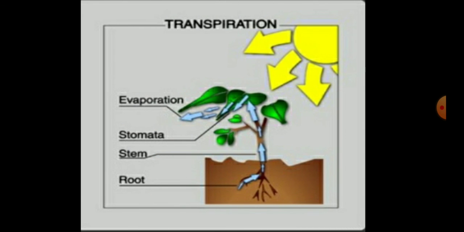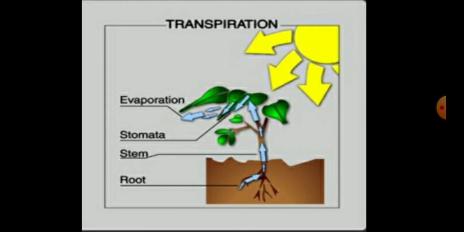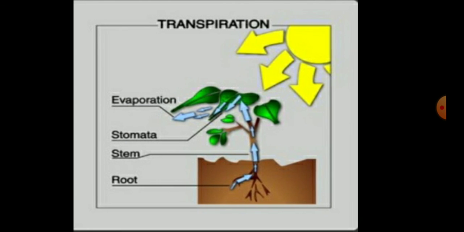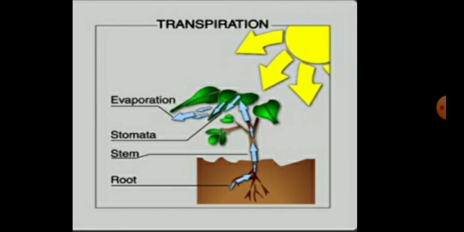Children, you can see the process of the transpiration in this picture. Through the sunlight, the leaves get heated, and then from the root, the water is absorbed.